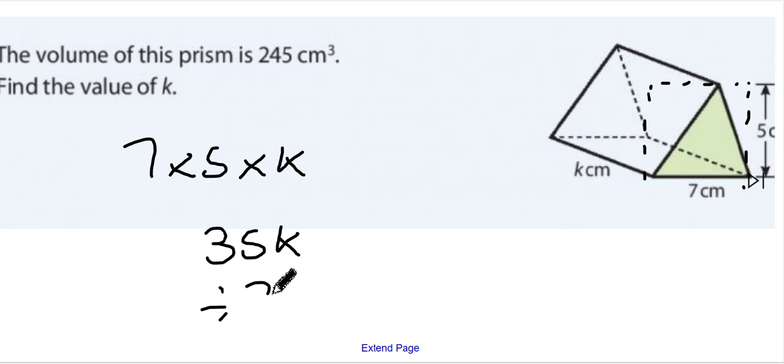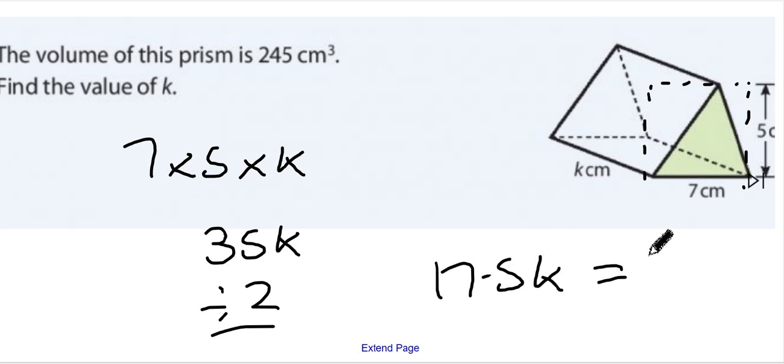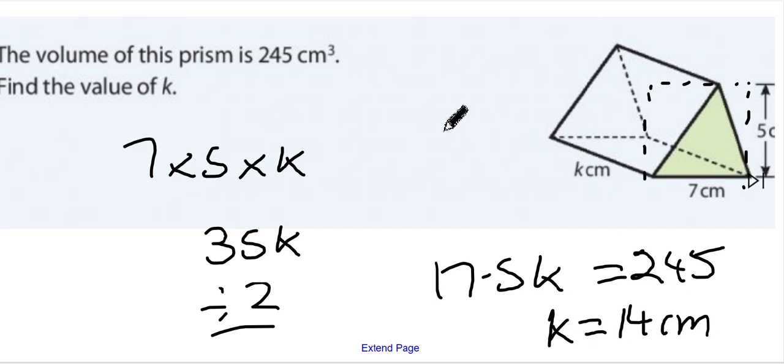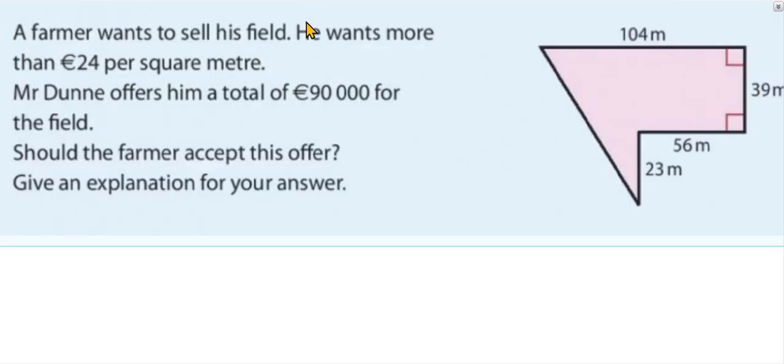Divide that answer by 2. 17.5k is 245. Divide 245 by 17.5. Huh? 14, is it? Because 245 divided by 17.5.